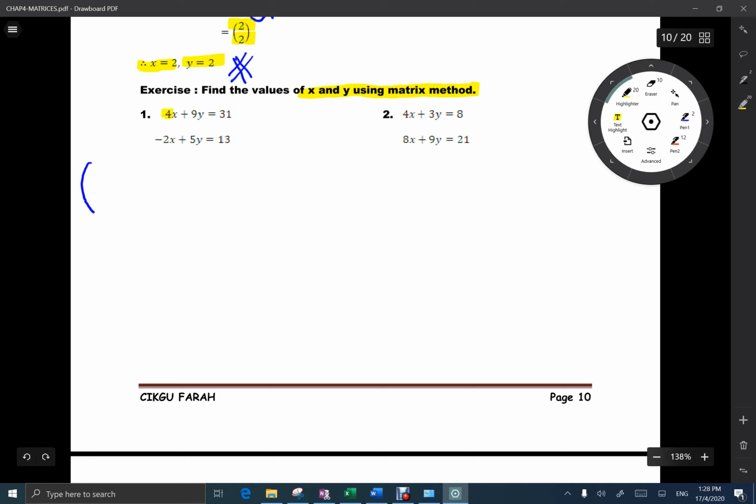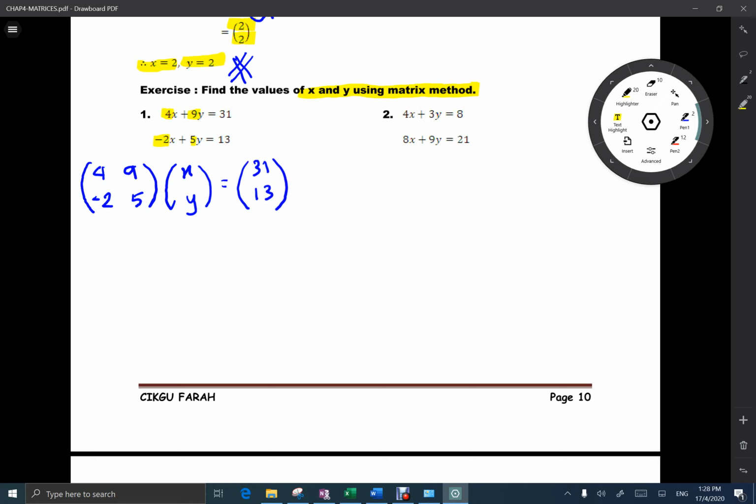It's 4, so 4, and then 9, so 9. Negative 2, negative 2, and then 5, times with x, y, x, y, so equals to 31, 13. So this is the first step.